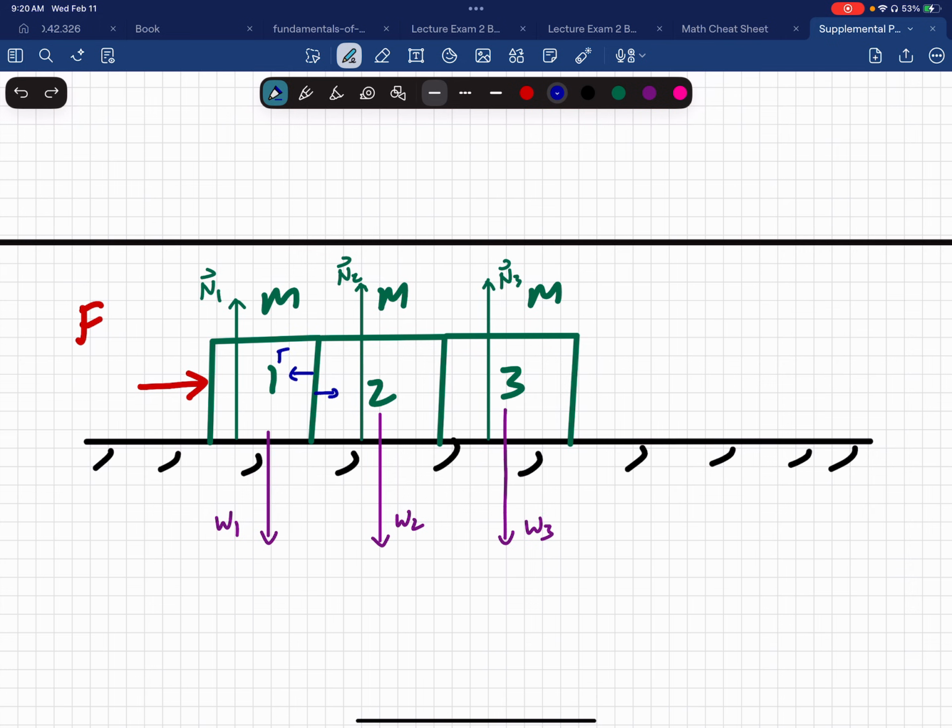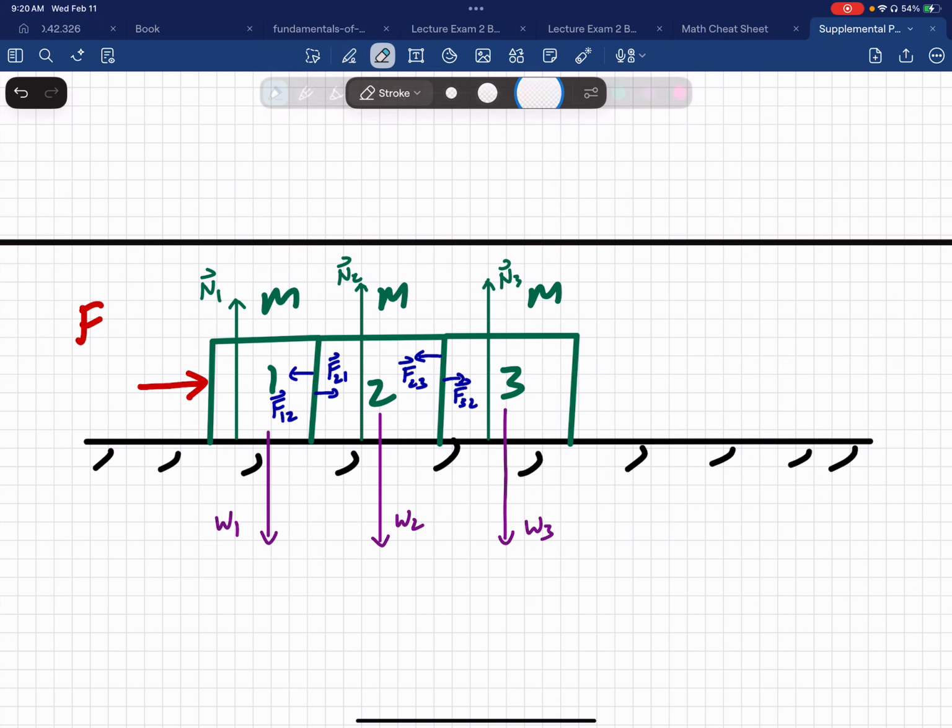So the contact force on 1 due to 2, and then the contact force on 2 due to 1. Understood? Similarly, between 2 and 3, we will go for the contact force on 2 due to 3 and 3 due to 2.